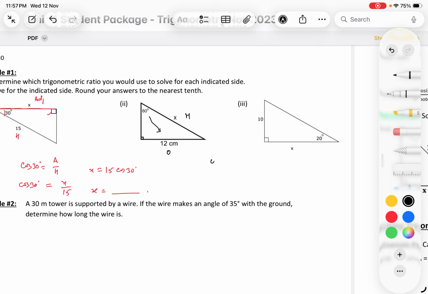So I write opposite upon hypotenuse, which is sine of 60 degrees. So we have sine 60 degrees equal to opposite, which is 12, over hypotenuse, which is x. So x will be equal to 12 divided by sine 60, right? And we can get the answer using calculator.